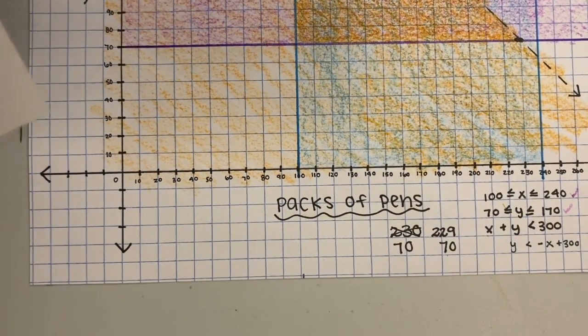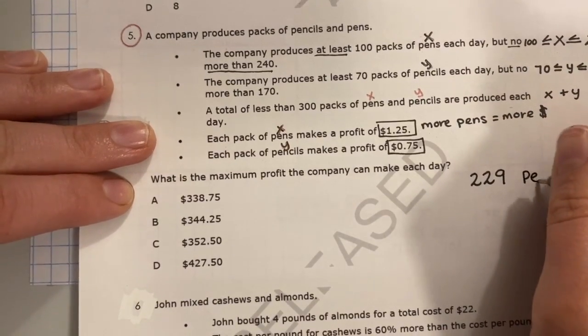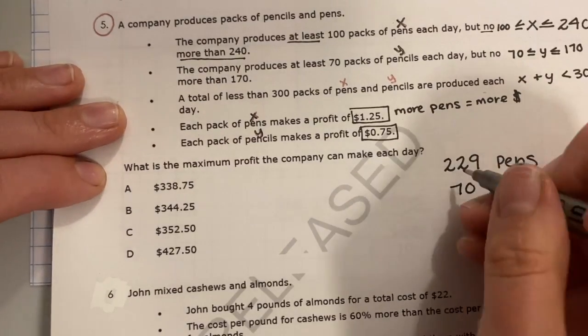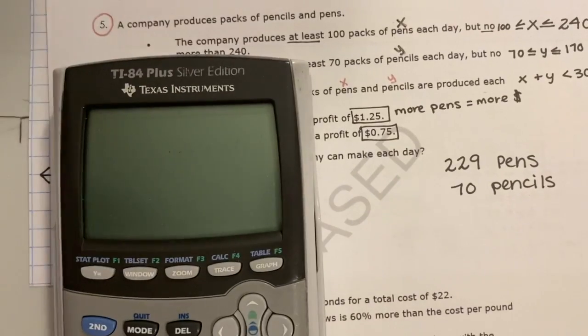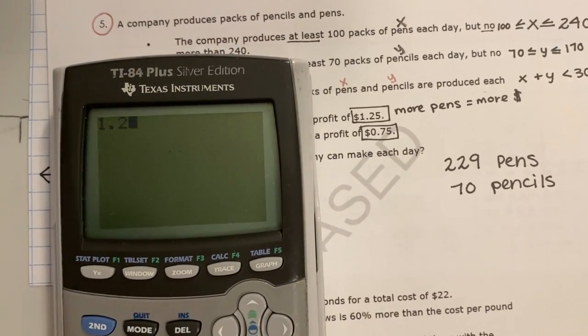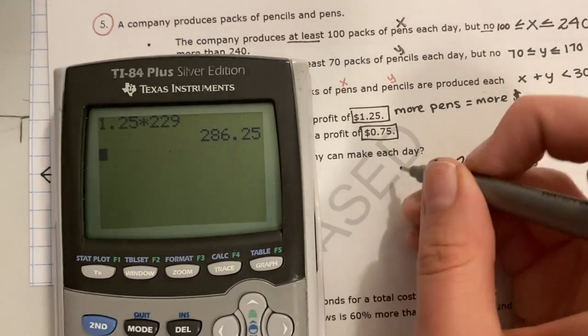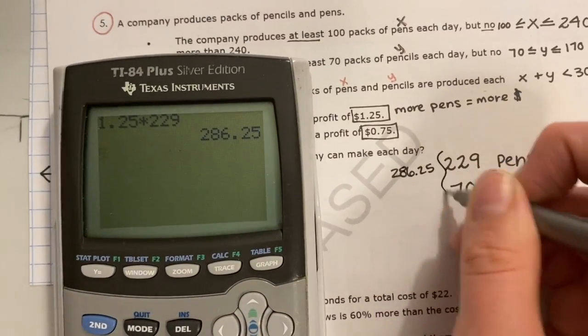So if I have 229 packs of pens and 70 pencils, and each pen pack sells for $1.25, I'm making $286.25 off of my pens.